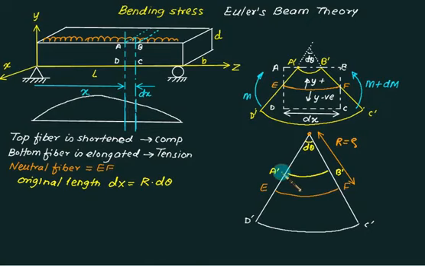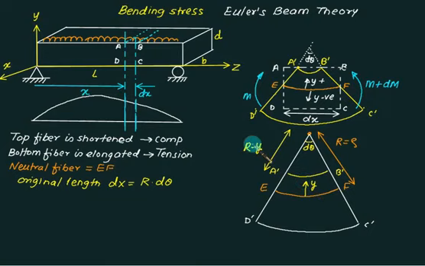If you observe A'B', we have to take this value at y positive. Anywhere we can take a positive y, this distance from here to here will become R minus y. This distance is y.